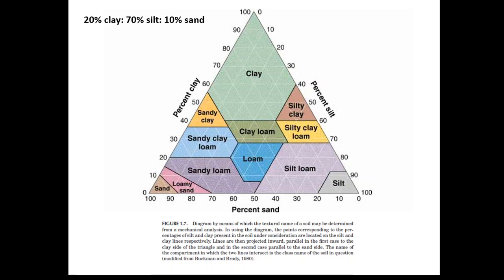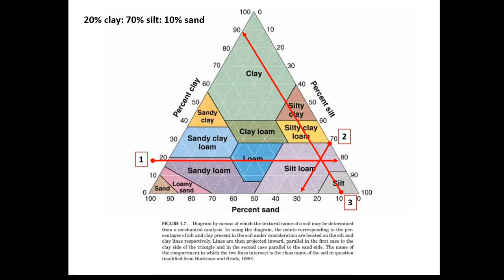First, you look at the diagonal of clay, which is at 20%, and then look at the silt, which is the 70%, and then the sand.